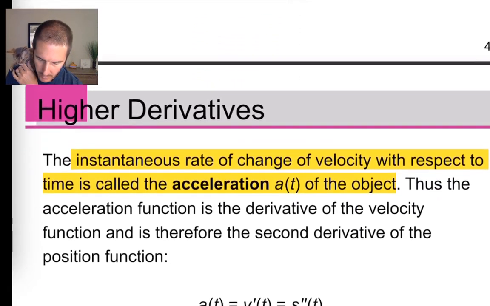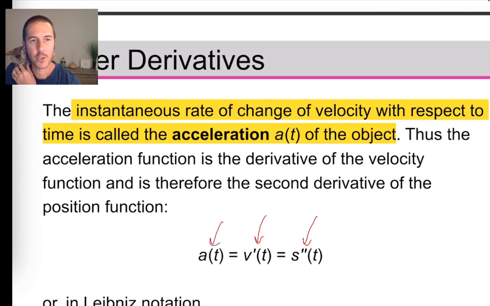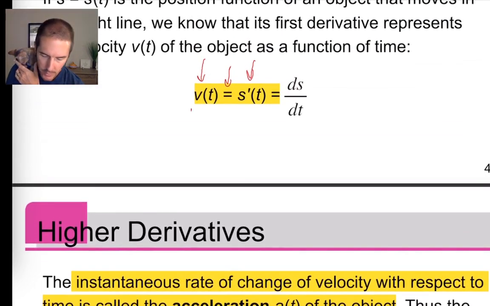And then if we go a step further and take the second derivative of the position equation, which is equal to the first derivative of the velocity equation, we arrive at a function that describes acceleration.